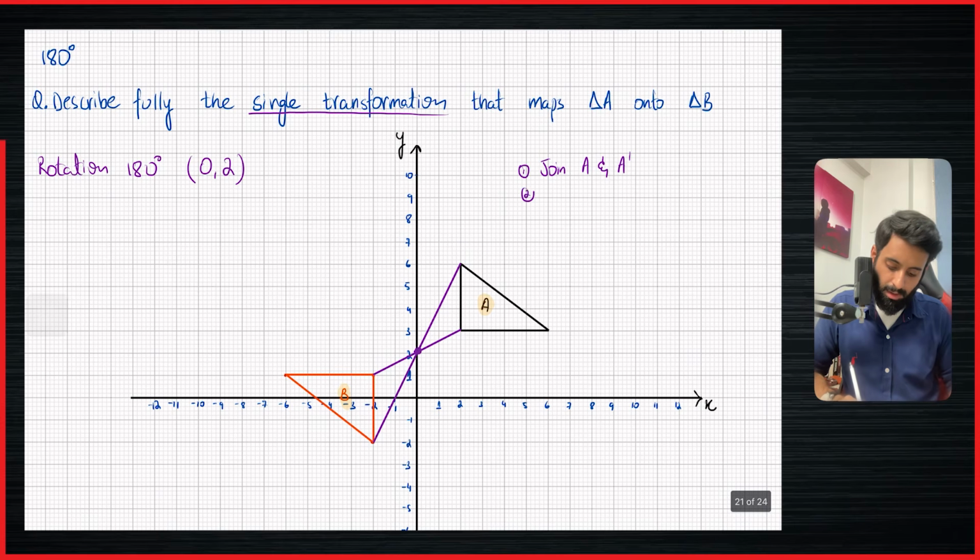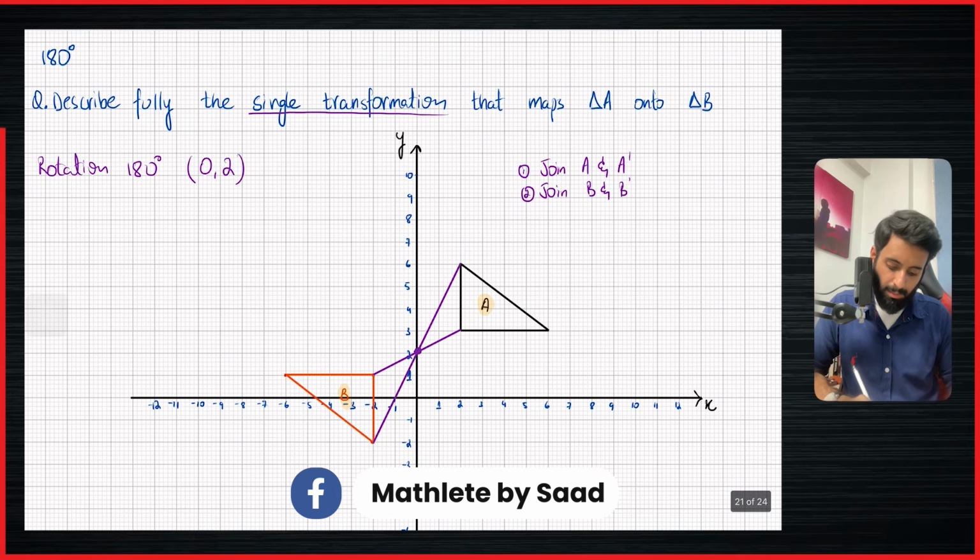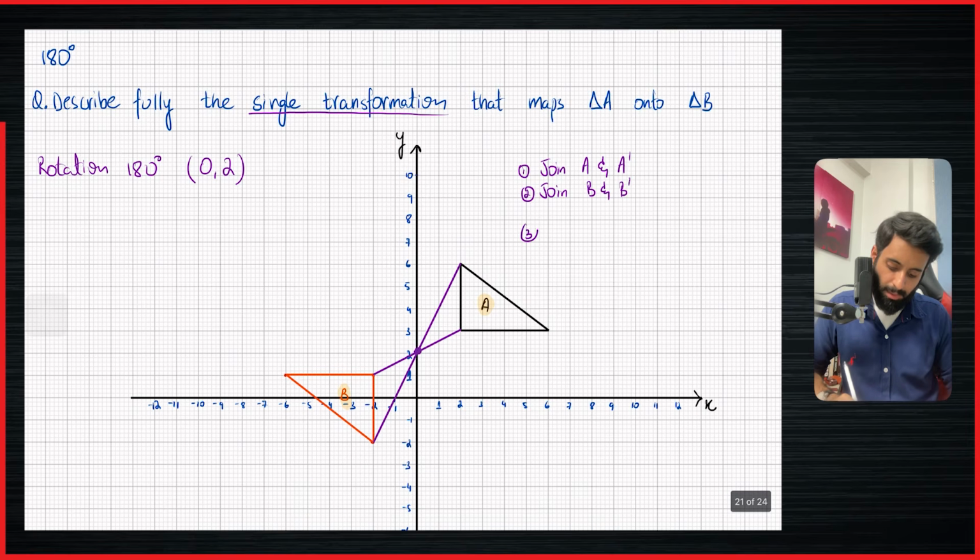Step 1. Step 2 is that you join B and B prime, which again means the object and the image. Step 3 is the point of intersection is the center of rotation.